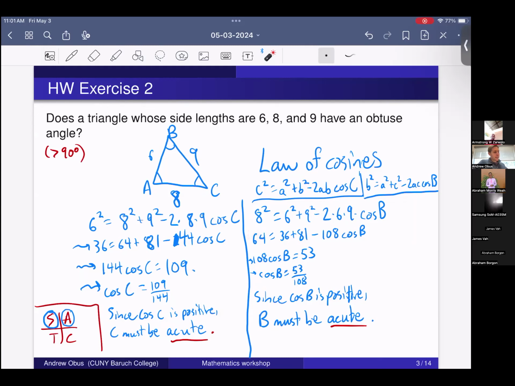So what I really did here was plus 108 cosine B on both sides, and then minus 64 on both sides. Just for space, I didn't write out every step, but that's what happened here. All right, thank you. You're welcome.